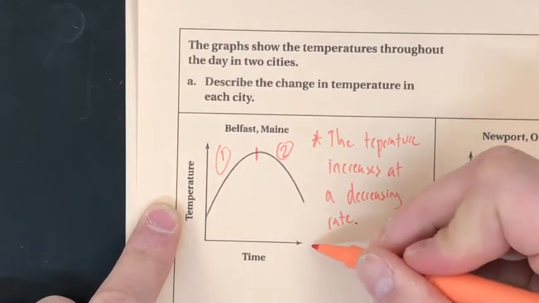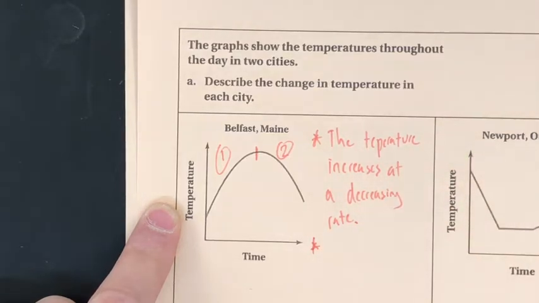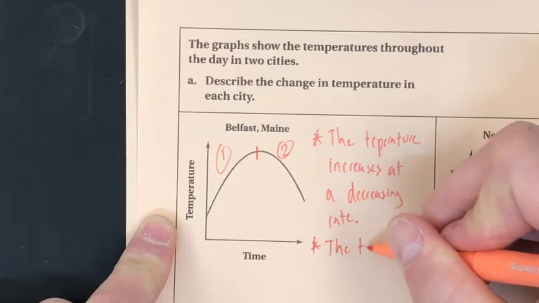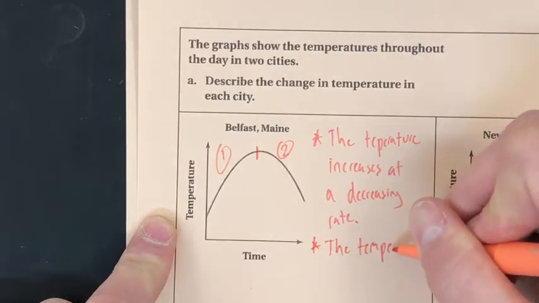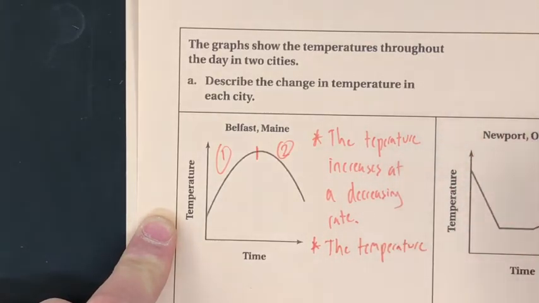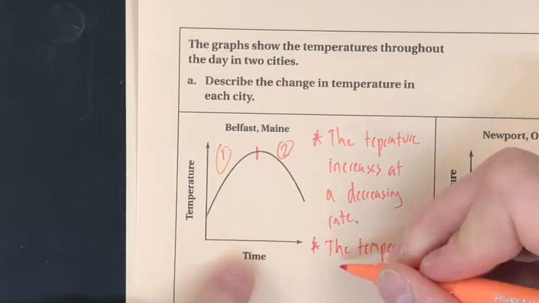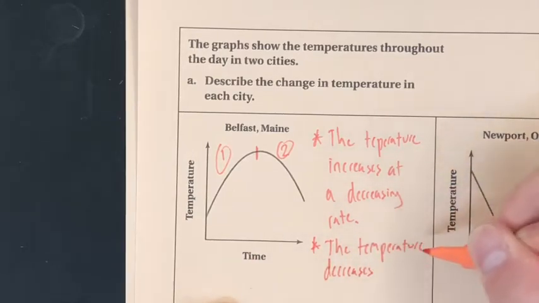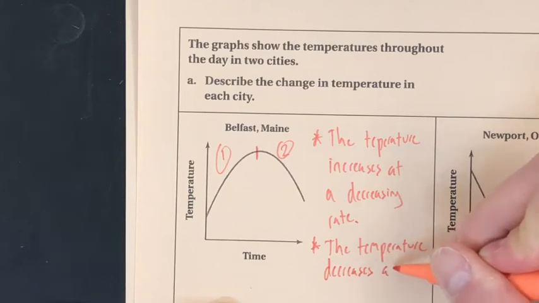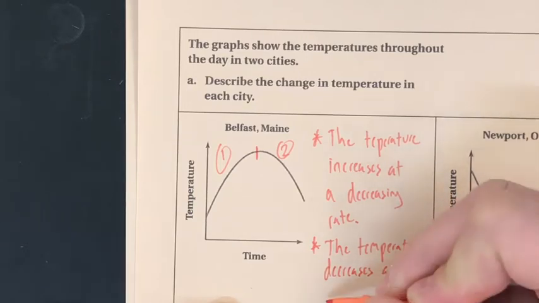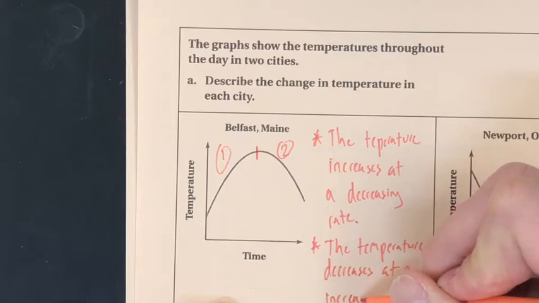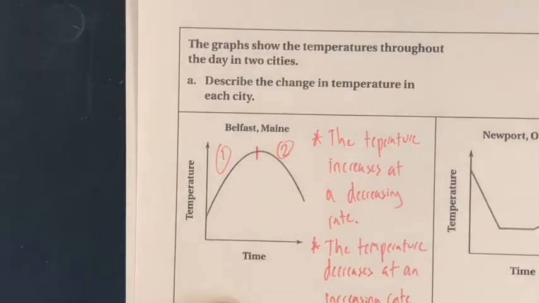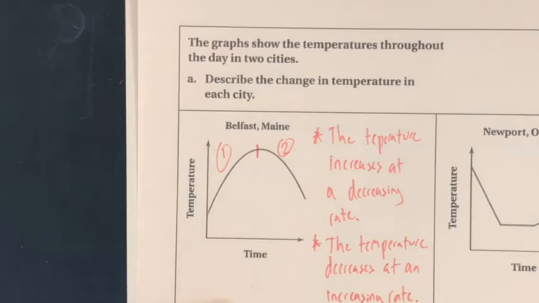So the second part of this graph, I would say the temperature decreases, but it's happening at an increasing rate. The temperature decreases at an increasing rate.